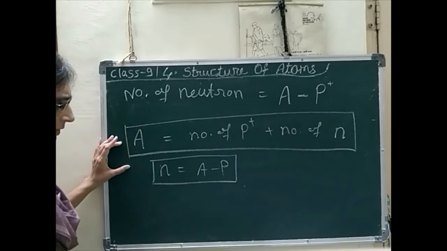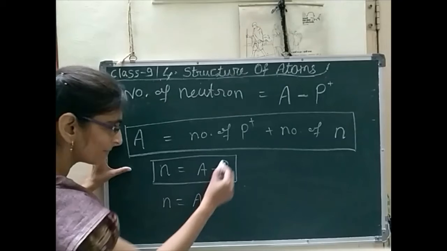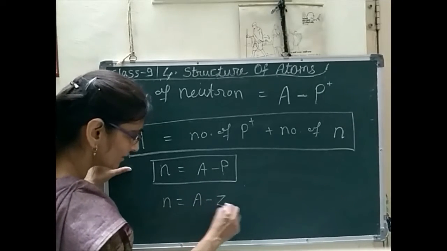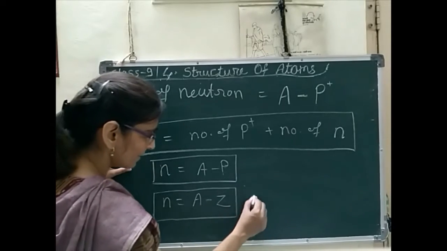Again, how can we write this formula? N is equal to A minus the number of protons, which means Z. So A minus Z. This is very important.